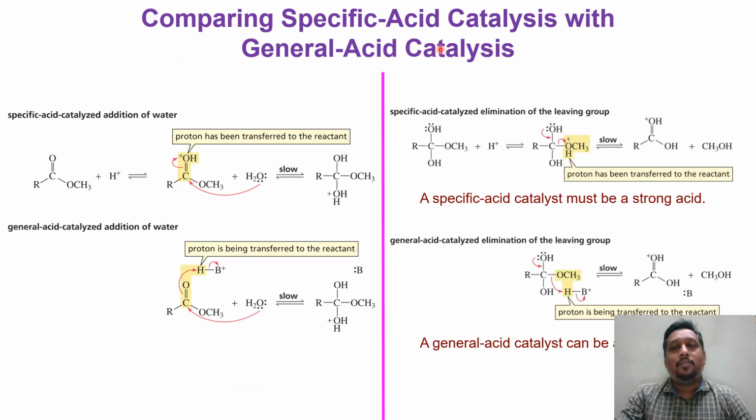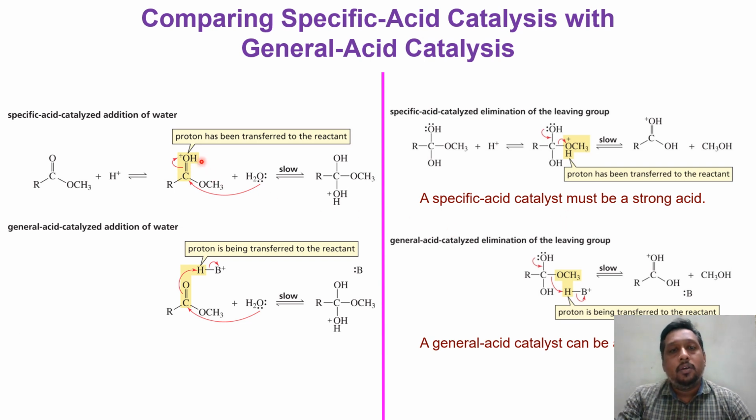Comparing specific acid catalysis with general acid catalysis by taking the hydrolysis of an ester as an example. Here, let us see how the two slow steps in ester hydrolysis take place during specific acid catalyzed addition of water and general acid catalyzed addition of water, as well as specific acid catalyzed elimination of the leaving group and general acid catalyzed elimination of the leaving group.